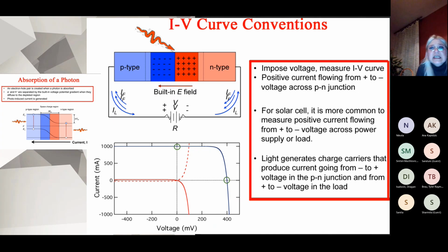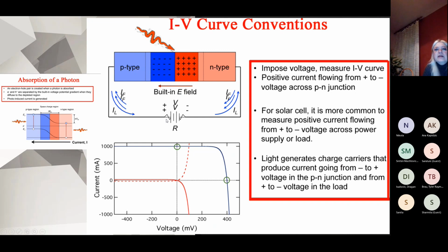Now we are going to see the I-V curve conventions when we have a p-n junction, and what is happening here. We have a p-type region and an n-type region, and we have a depletion zone, and because of the depletion zone we have a built-in electric field.